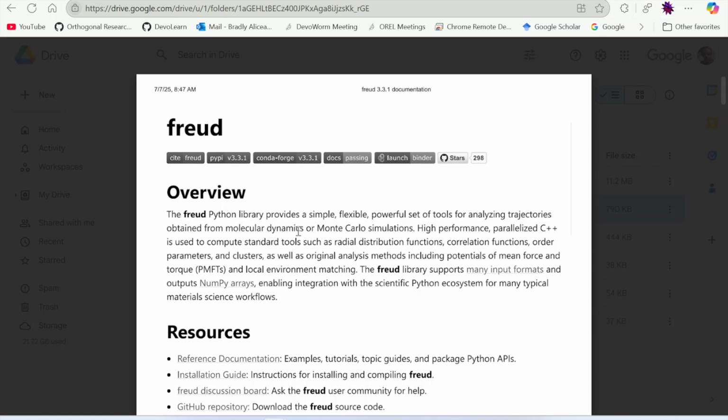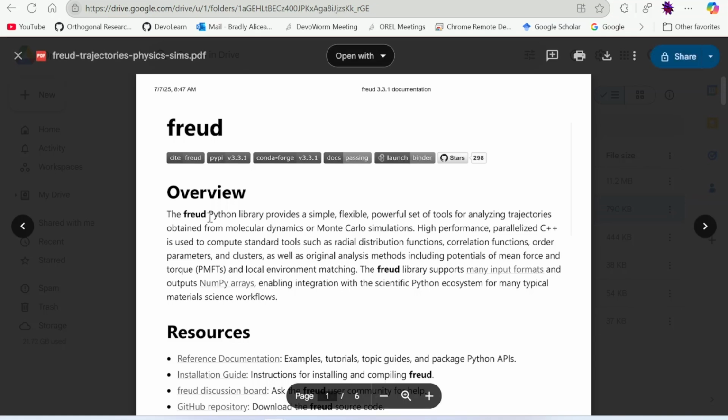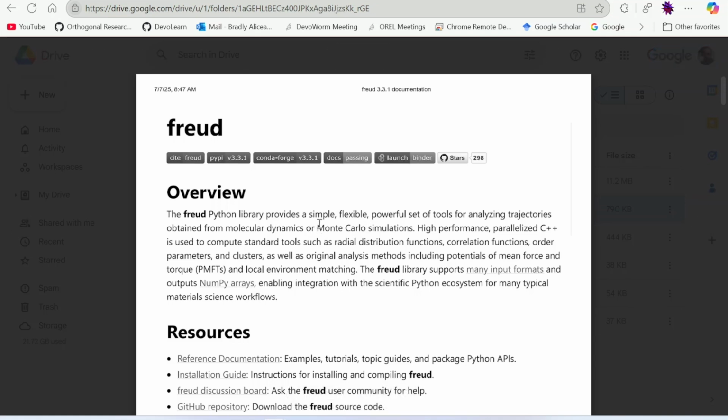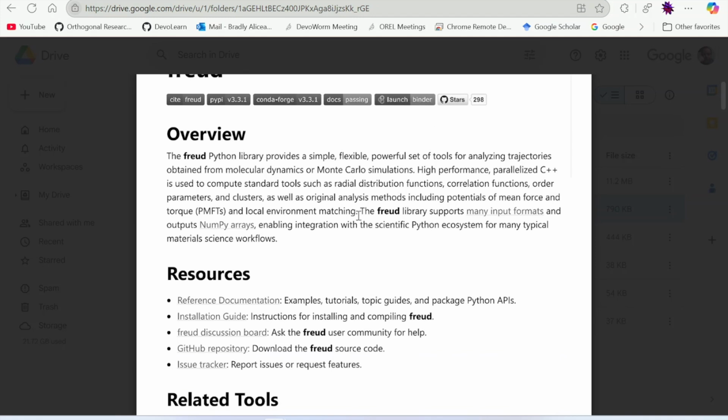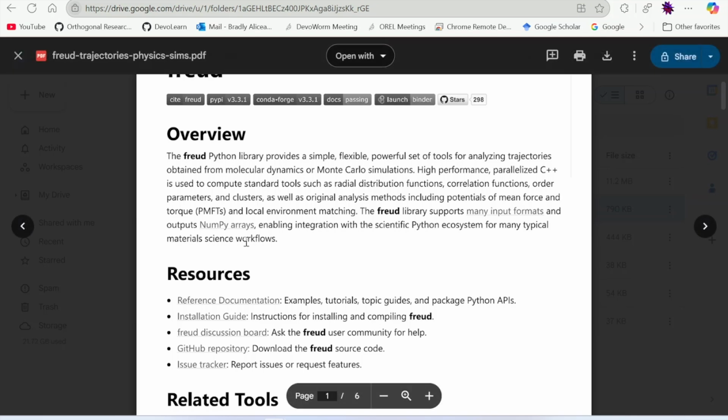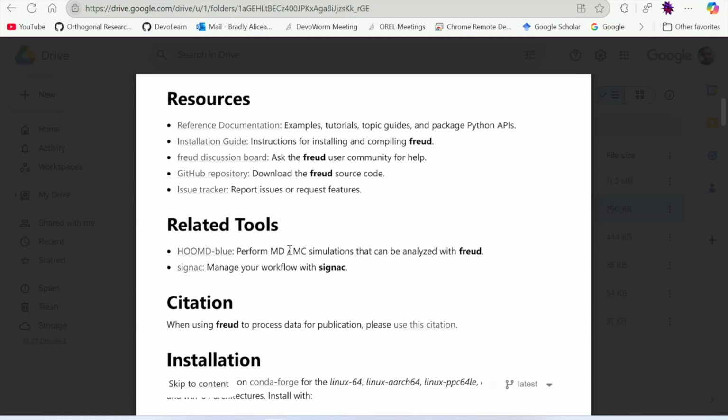People do a lot of things with particle physics and biochemistry, where they have to work out the molecular dynamics of something. And then of course you use Monte Carlo simulations to simulate the stochastic nature of those events. This library supports many input formats and outputs NumPy arrays, enabling integration with scientific Python ecosystems for many material science workflows. So they use this a lot in material science.